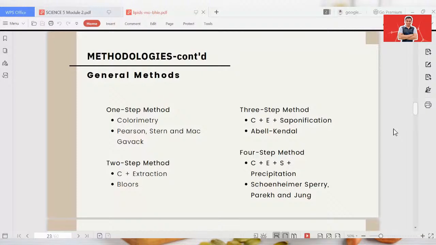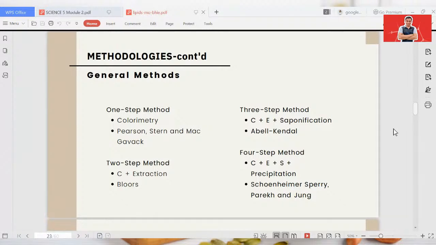Also the saponification in this method is used in order to convert cholesterol ester to free cholesterol. And the test that uses this method is the Abell-Kendall test or method.